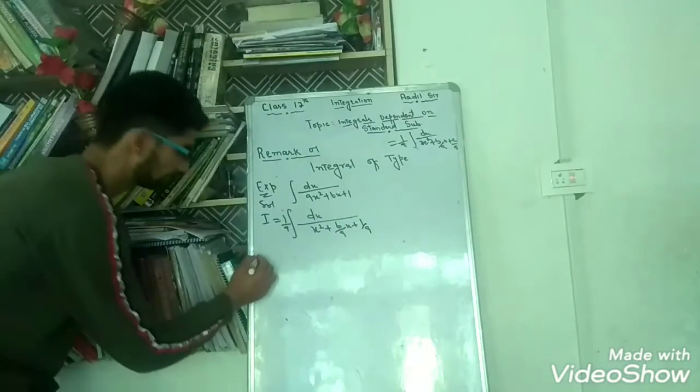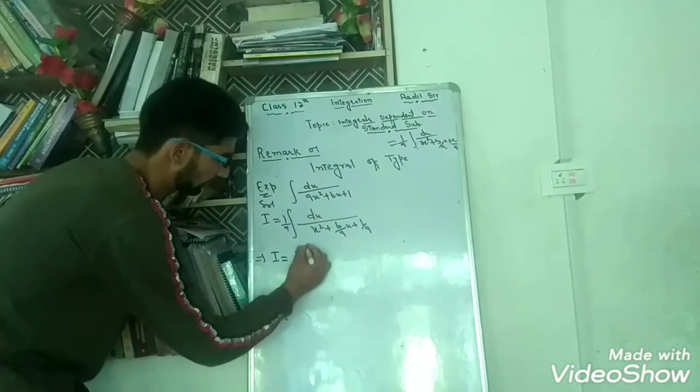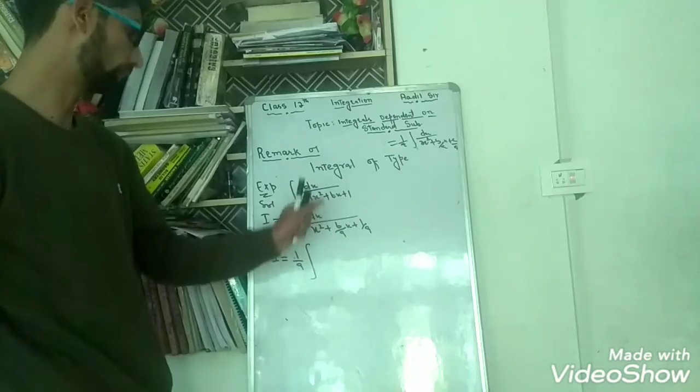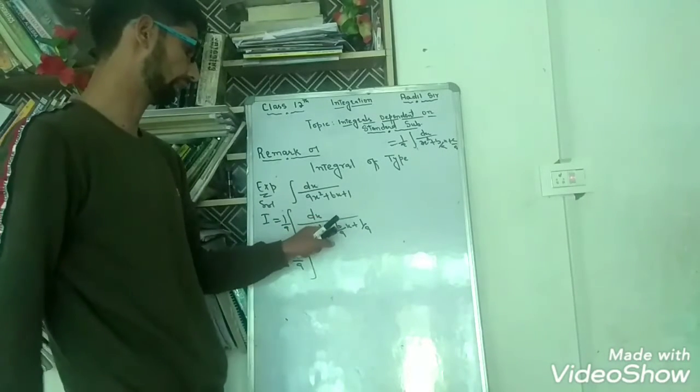After that, we have to complete the square by adding and subtracting the square of one divided by two times the coefficient of x.